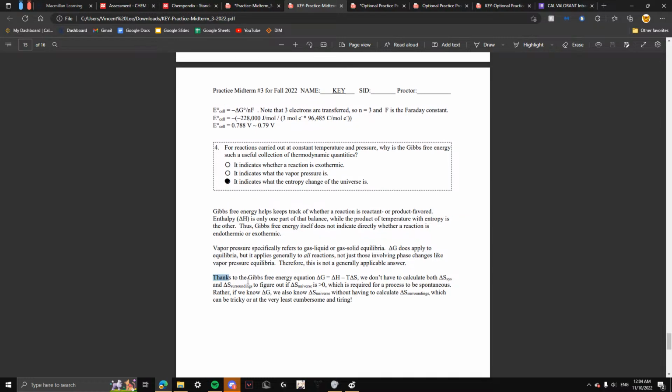Let's see. We don't have to calculate both delta S system or delta H surroundings to figure out if delta S universe is required for this process to be spontaneous. Rather, we know delta G. We also know delta S without having to calculate. It can be tricky. I have no idea what that means.